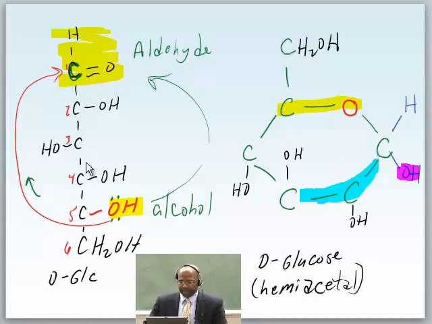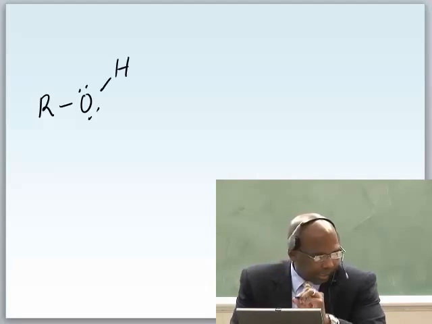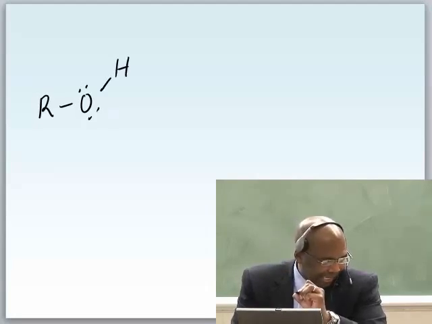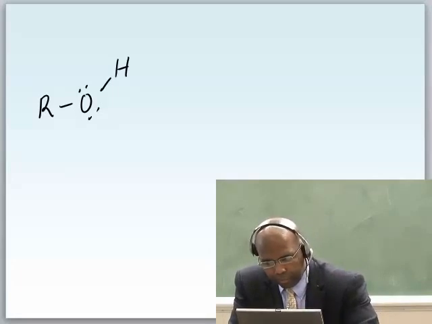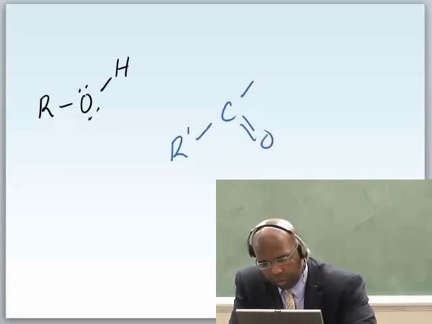Okay. Now I'm going to do something else for you. You can also have this. You can have an alcohol. The alcohol can attack, I'm going to make this one a different color starting out, R prime, C, O, R double prime.